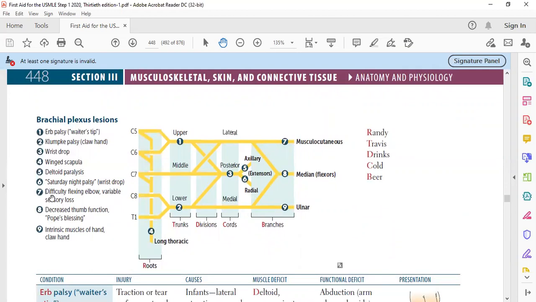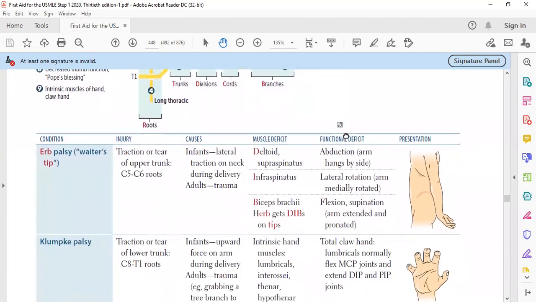In seven, we have difficulty flexing the elbow, with variable sensory loss. Then decreased thumb function, median flexors. And number nine, we have the intrinsic muscles of the hand and claw hand.